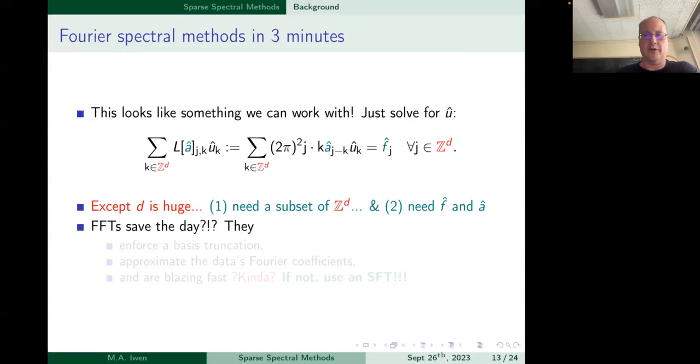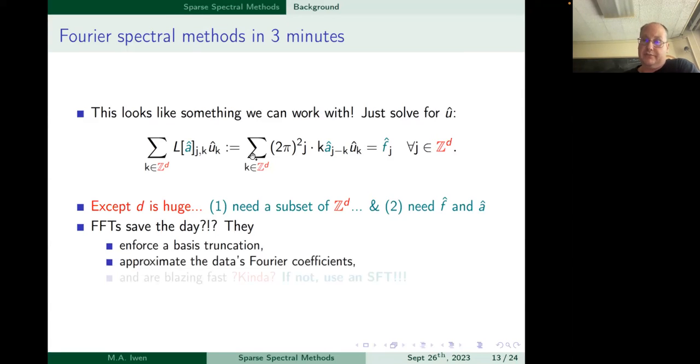And so what do FFT variants do that are nice? So first, they enforce a basis truncation on the way they're developed. So you're going to concentrate on the lowest frequencies. And that makes sense in this PDE context because you know your solutions are going to be smooth. So hopefully they'll be pretty well represented by trigonometric polynomials supported on the lowest frequencies. So that's good.